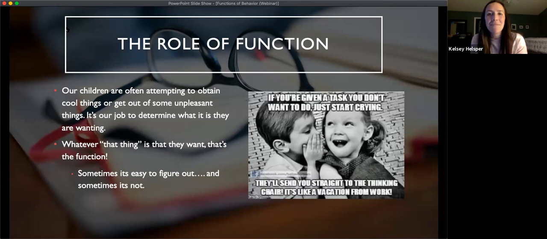It's like a vacation from work. So, really in a kid's mind, maybe they're not actually thinking that specific thing, but their wheels are turning, their brains are working and figuring out how they can manipulate the situation to fit their needs. So it is really important to think about how we are responding to the behavior so that we can make sure that we are reinforcing something that we want to see continue.